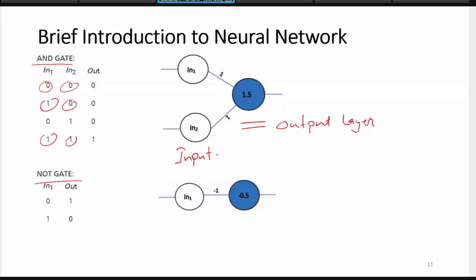It all depends on the underlying problem, how many inputs and how many output units you have. The AND gate is a Boolean or binary operator, so you need two inputs, and it is going to produce a single output. But in this example, I don't have any hidden layer.